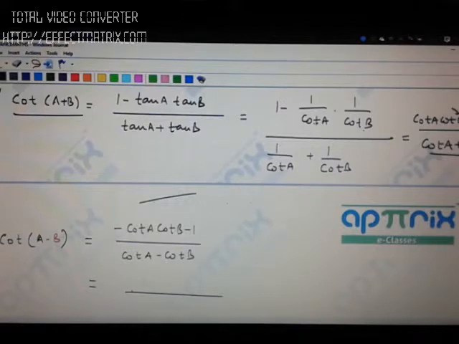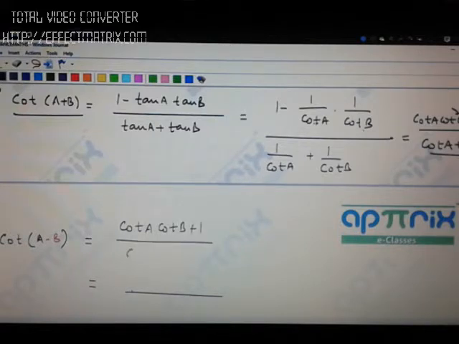Correct? So the value that you are writing here is going to be cot A cot B plus 1 divided by cot.